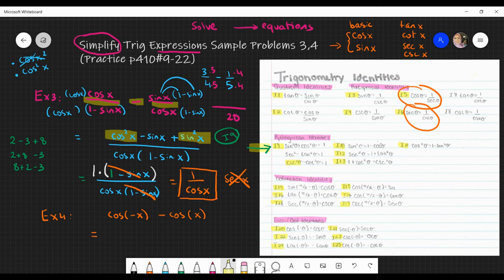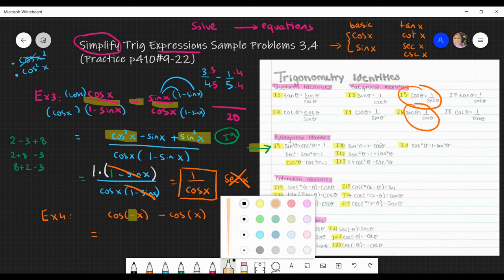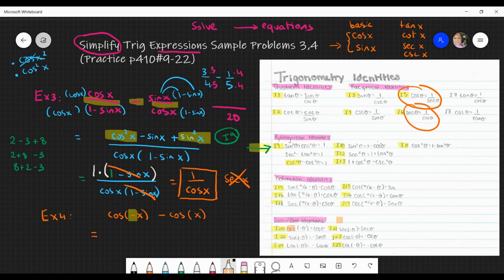When I see a negative right here, that reminds me of even and odd identities. So I look at even and odd identities, and I look at cosine of negative theta, which is identity 20, equal to cosine of theta. So cosine of negative x is equal to cosine of x. And again, this is identity 20. I do want you in the homework practice problems, page 410, 9 through 22, to write down which identities you're using.